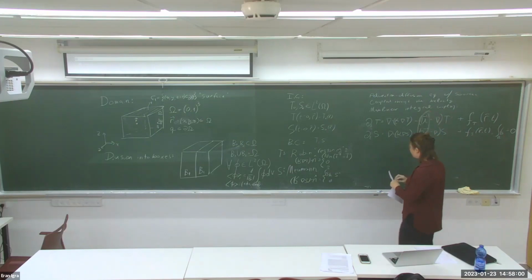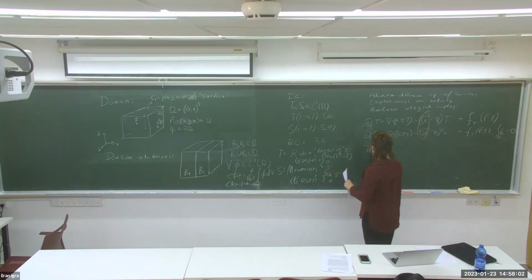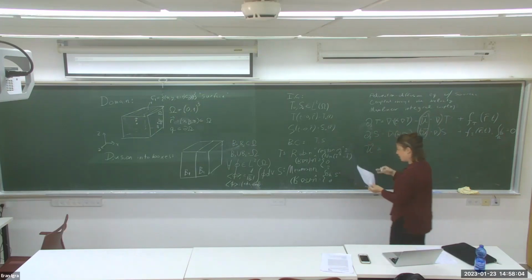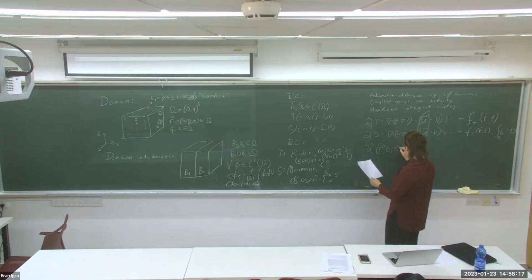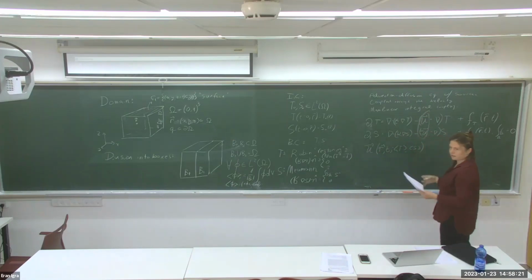U, and who is U? U is our velocity field. And as I showed you in the presentation, U is going to be a function of space. It's going to be a function of time. And it's also going to be a function of the averages of temperature and salinity, which together give us the average of the density.